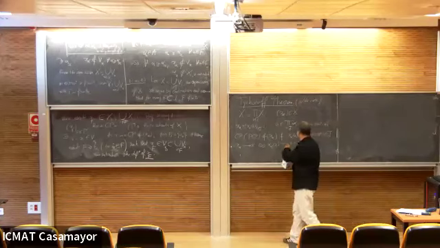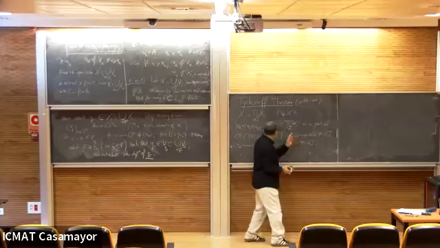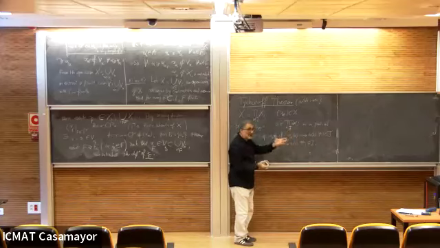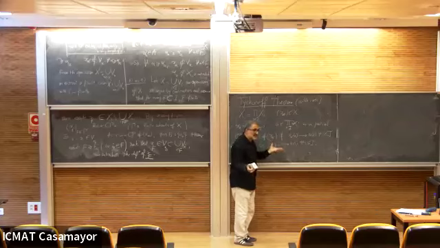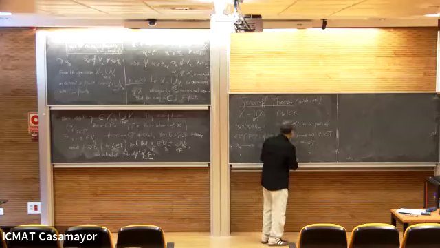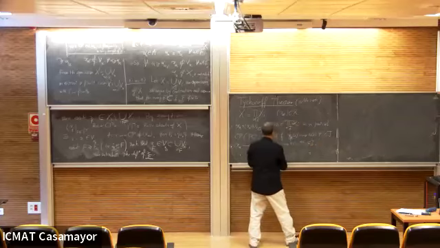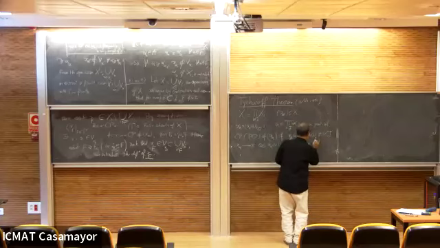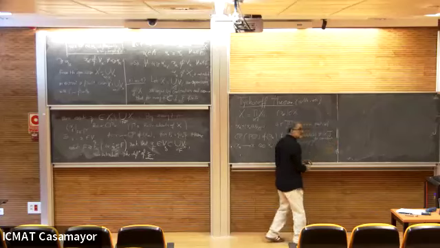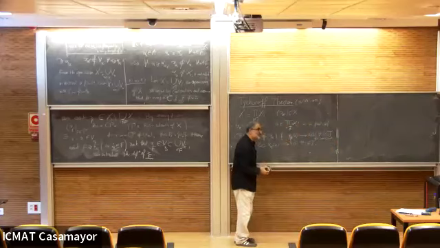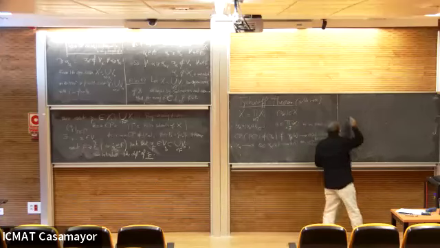And of course, if J is equal to I itself, then it's a cluster point, for some subnet. It's not a limit, it's a cluster point. Okay.